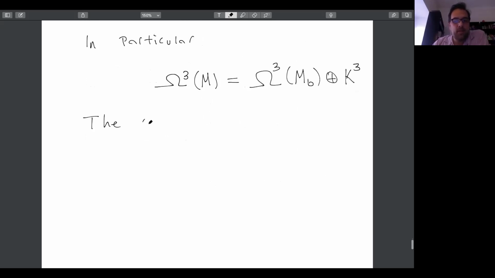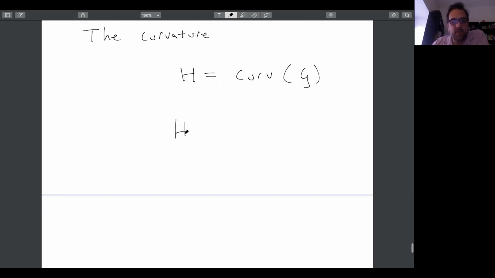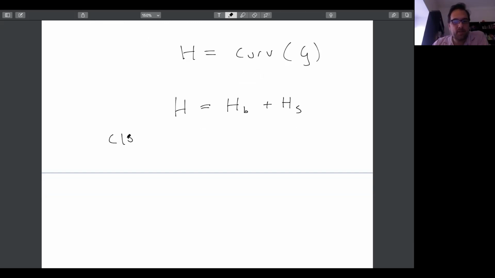So the curvature of a bundle gerbe with connection decomposes into these two parts, which I'll just denote as B and S. But it's closed. So that means that both of these parts are closed.